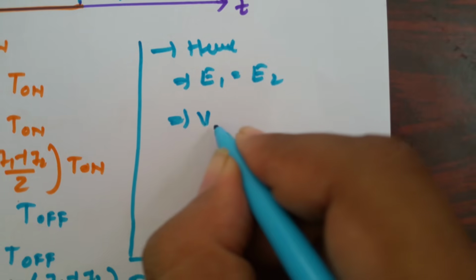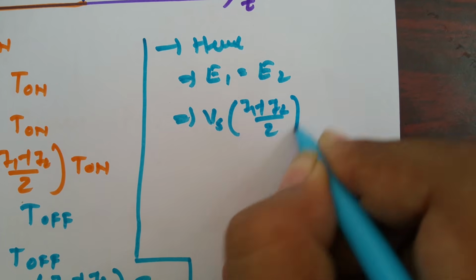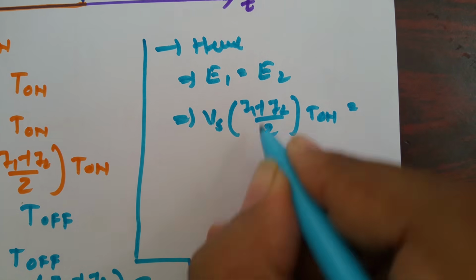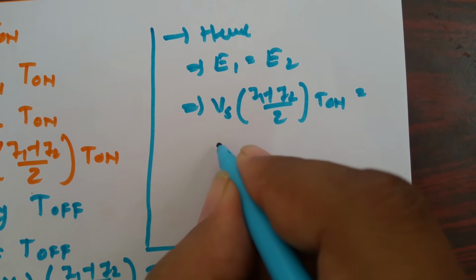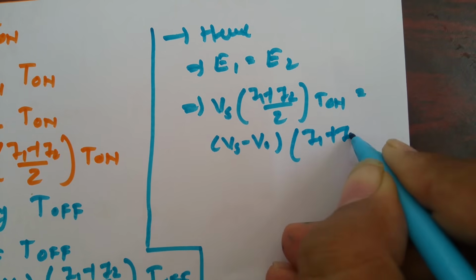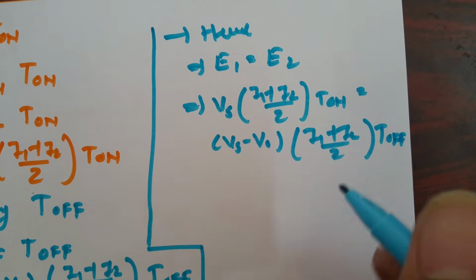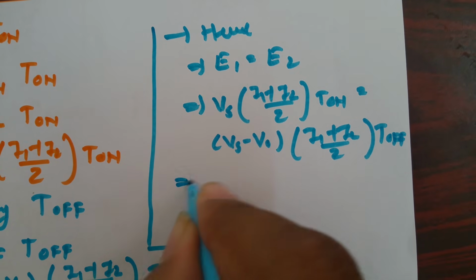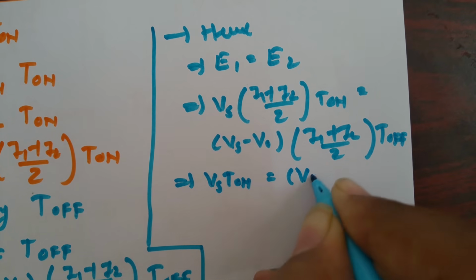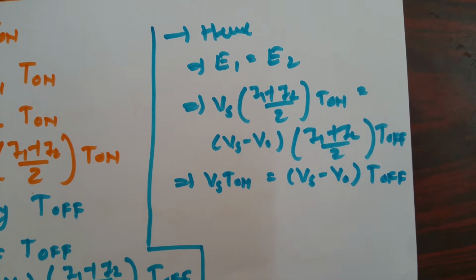E1 is equal to Vs into (I1 plus I2) by 2 into T on, which is equal to E2, which we have already derived as (Vs minus V0) into (I1 plus I2) by 2 into T off. Now (I1 plus I2) by 2 will get cancelled. So this equation will be Vs into T on is equal to (Vs minus V0) into T off.